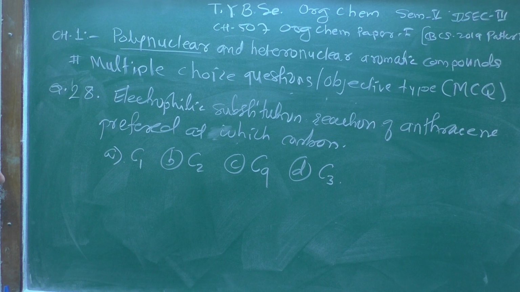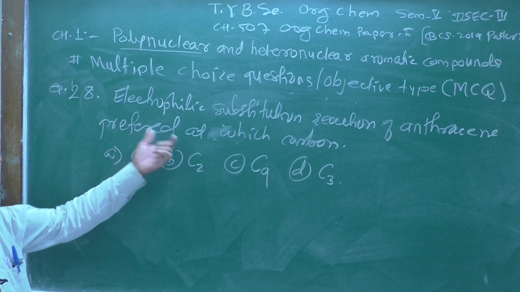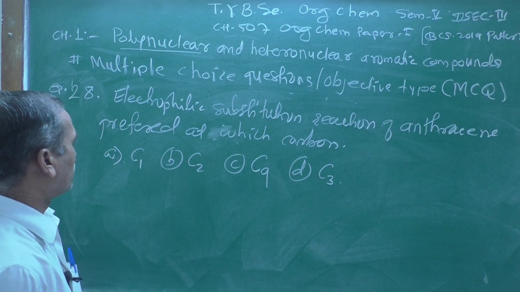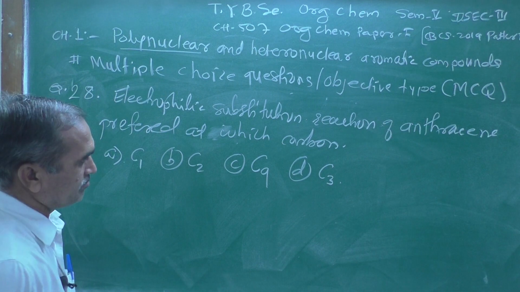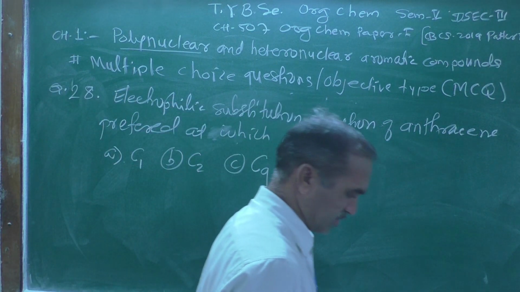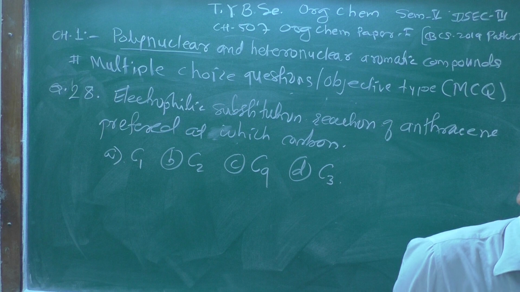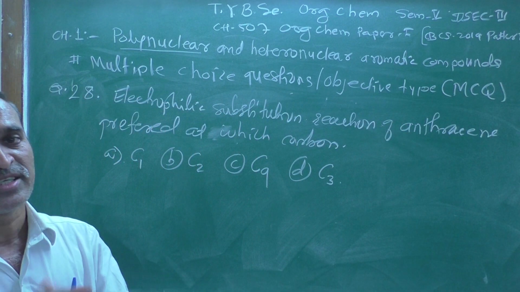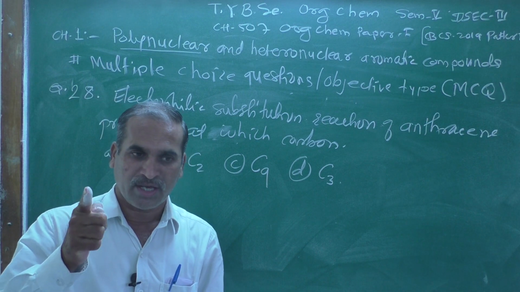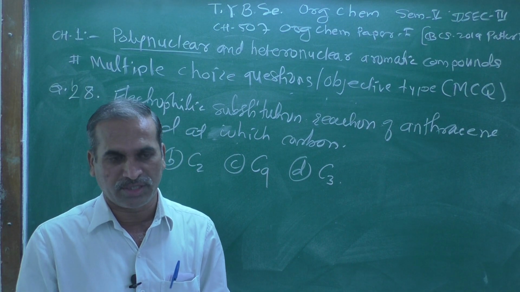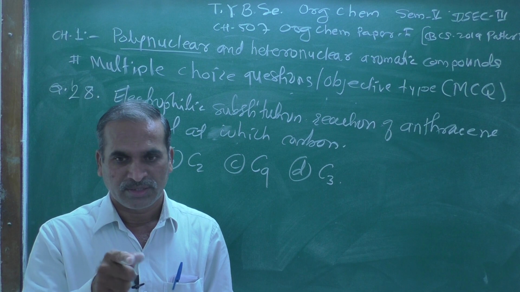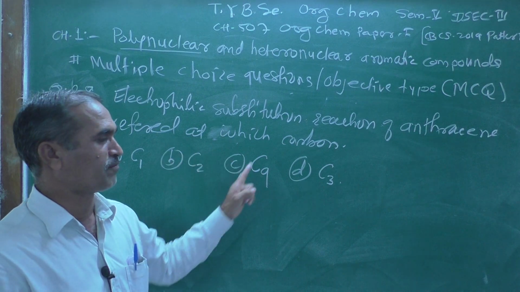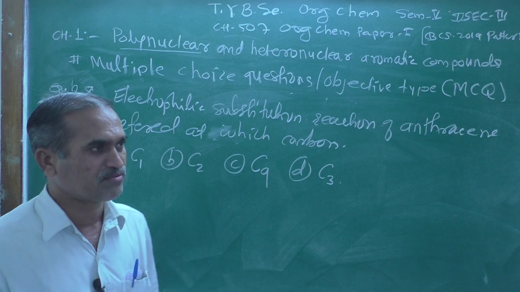Electrophilic substitution reaction of anthracene is preferred at which carbon? The carbons given are C1, C2, C9, C3. If you remember the numbering system in anthracene, then you can find the correct option from these 4. Otherwise, it is very difficult.